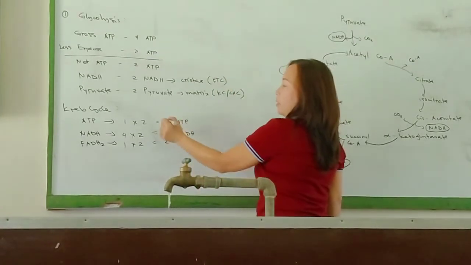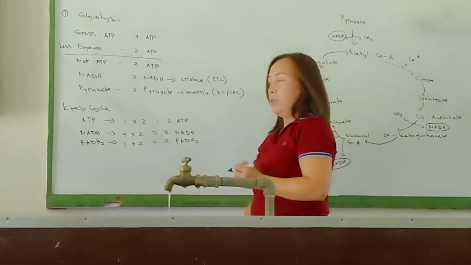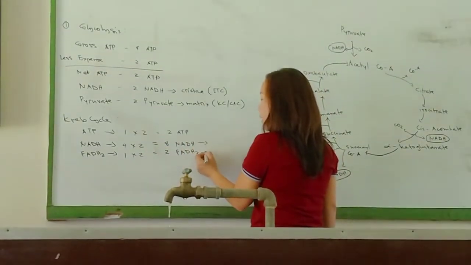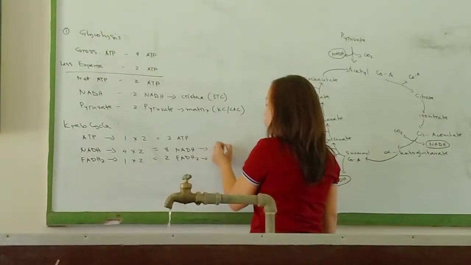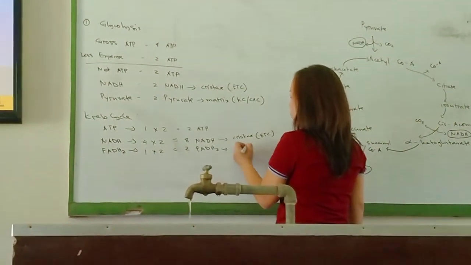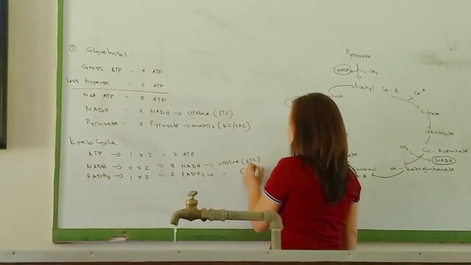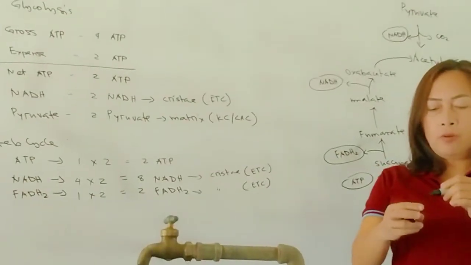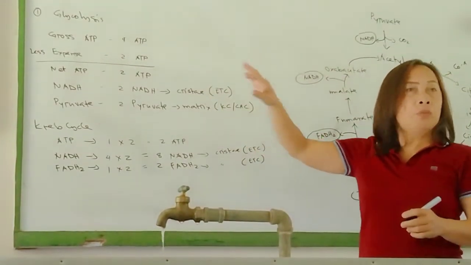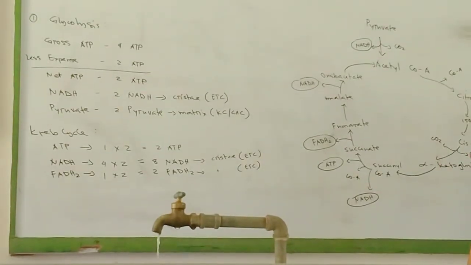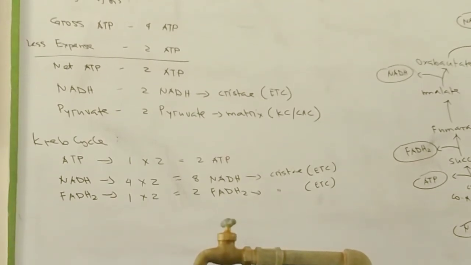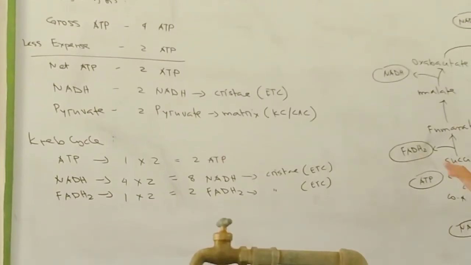Now these 2 ATP can be used right away by the cell. However, the NADH and the FADH2 will be brought to the cristae for electron transport chain. For the sake of computation, so we would know the total ATP production out of 1 glucose molecule breakdown, we are showing it there.